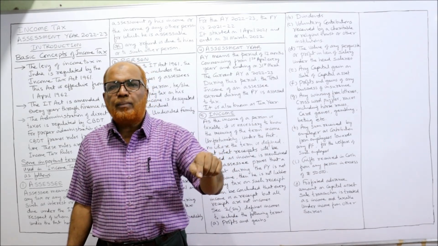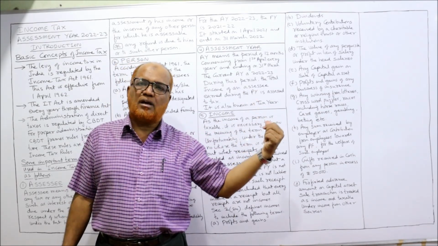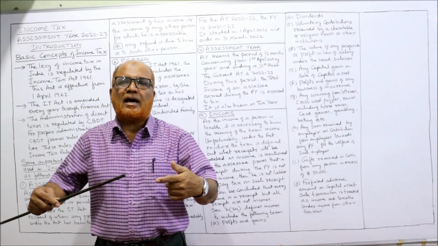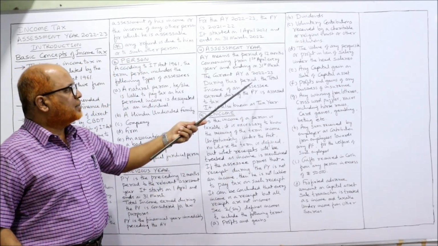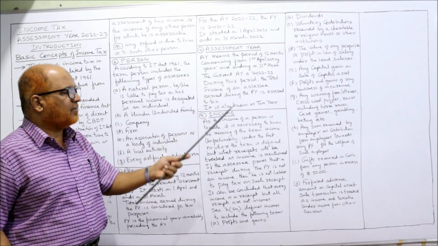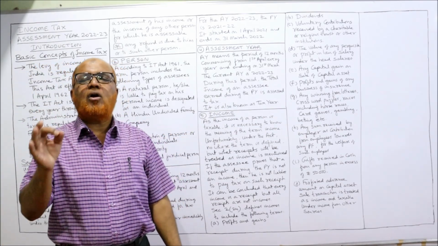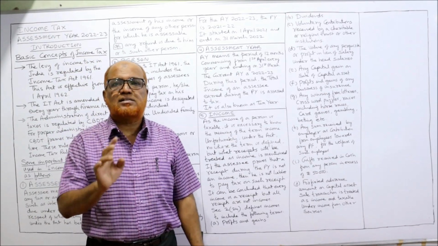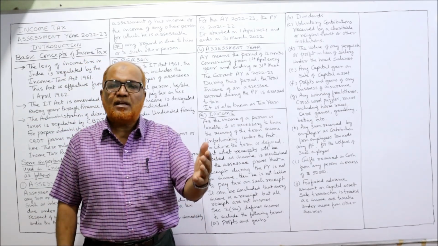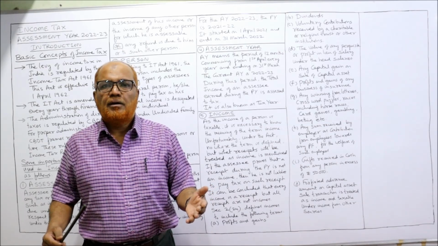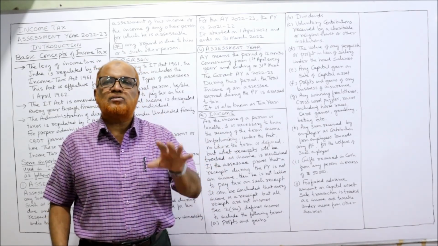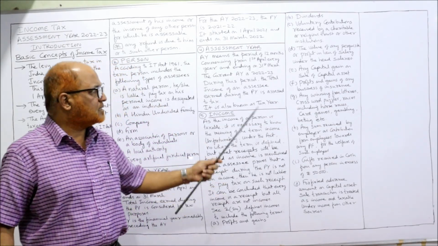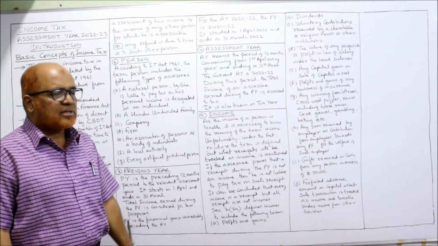The income earned by the assessee during the previous year will be assessed to tax during the assessment year. During this period, the total income of an assessee earned during the previous year is taxed. That's why we call the assessment year the tax year and the previous year the income year. We implement the tax in the assessment year. That's it.